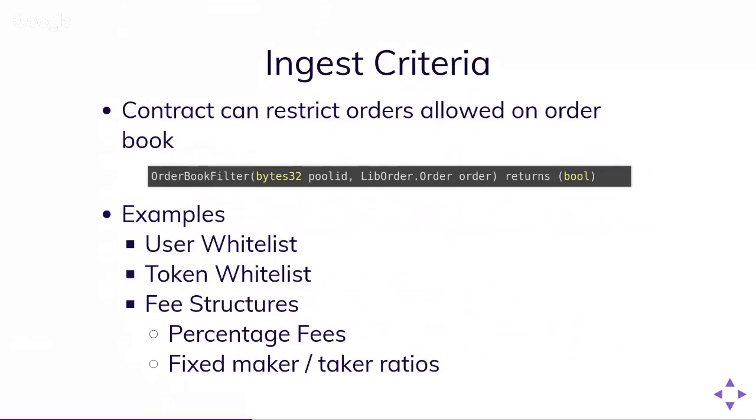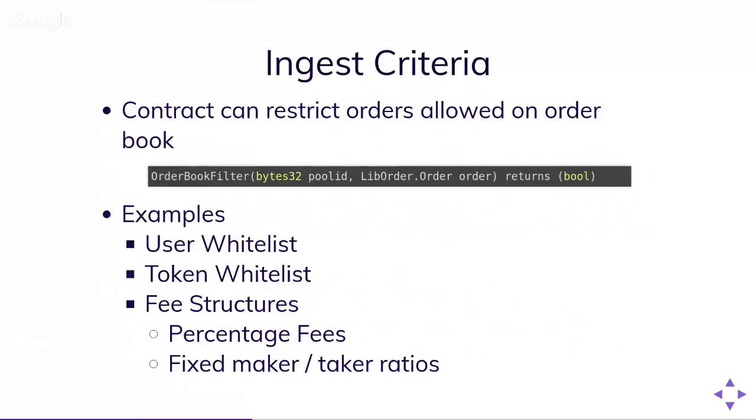You could also do things like check the fee structure. So you could say this contract has some mechanism for valuing the tokens that are being traded, so we are going to make the ZRX fees a percentage of the assets being traded rather than going with a traditional fixed fee structure.